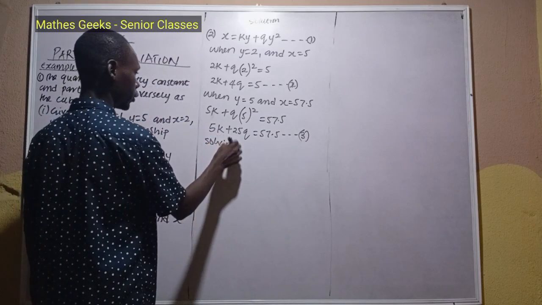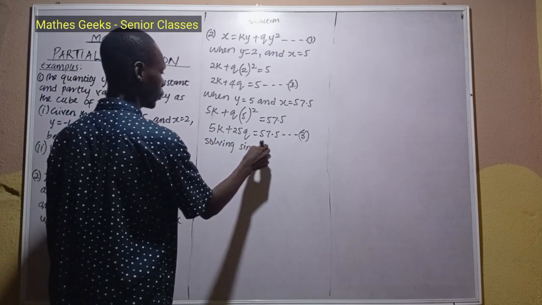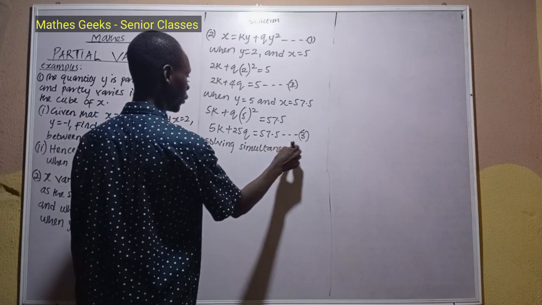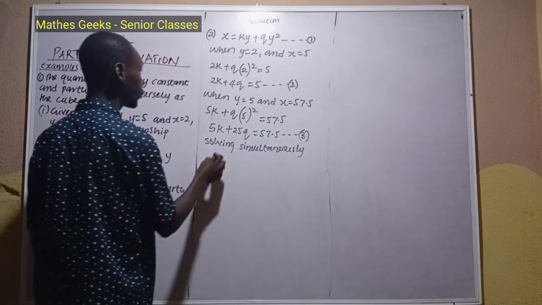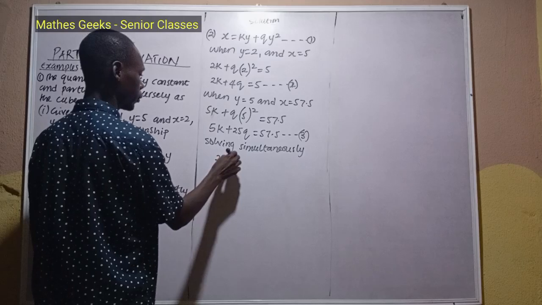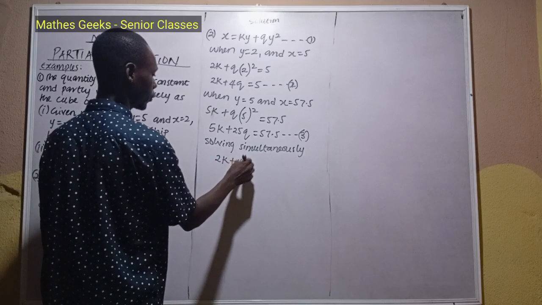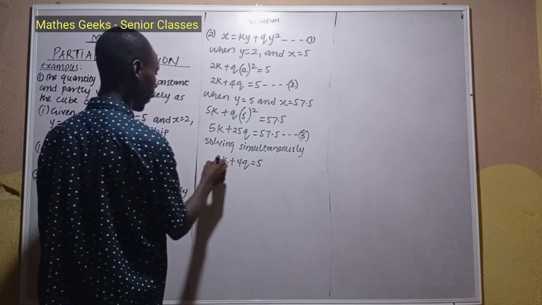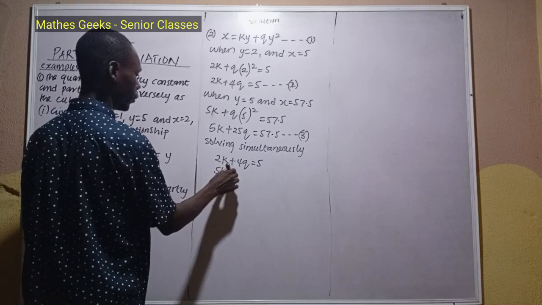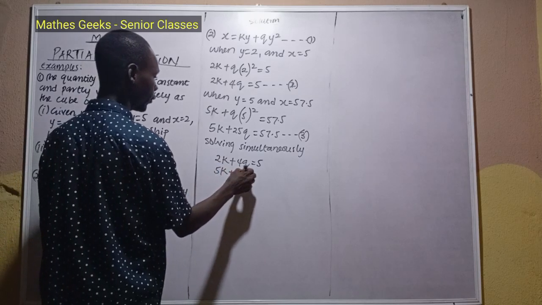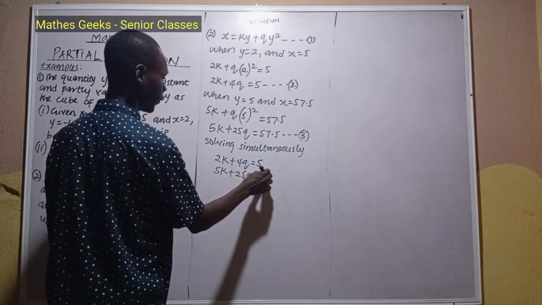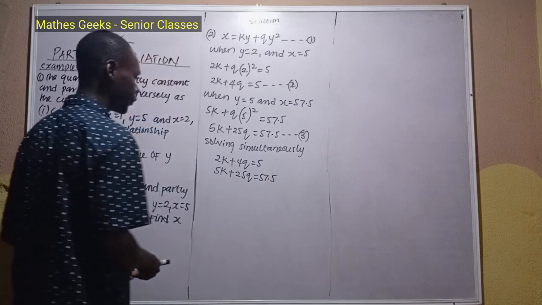Solving simultaneously: 2k plus 4q is 5, and 5k plus 25q is equal to 57.5.